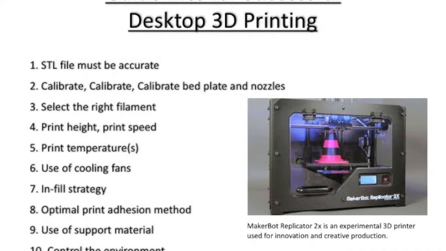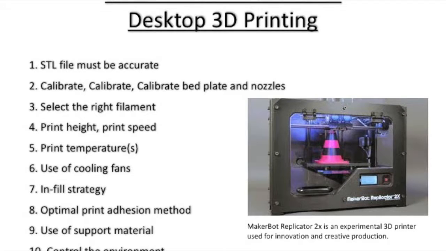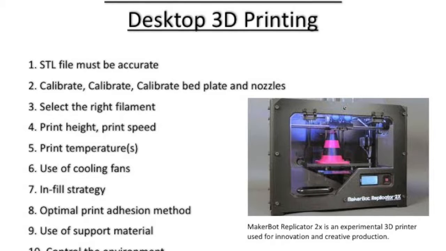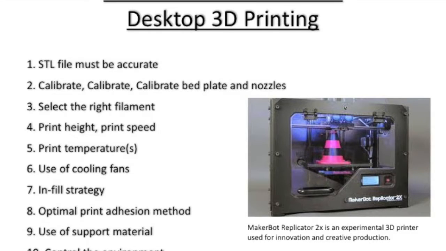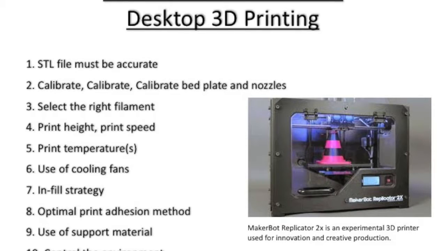Again, we'll go more into that on the second podcast. But you need to make sure that everything is calibrated appropriately. So calibrate, calibrate, calibrate. This will be shown more with the hands-on component of learning how to 3D print, but we want to make sure that the bed plate is calibrated, our nozzles are calibrated, and everything is all set and ready to go.